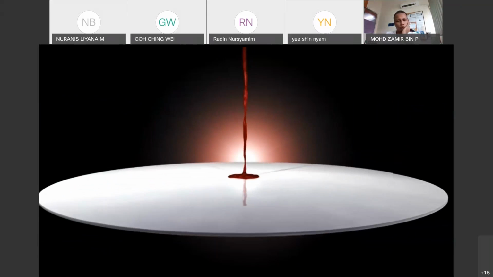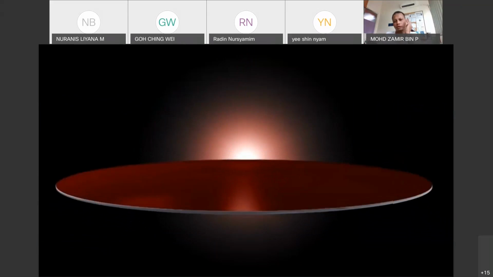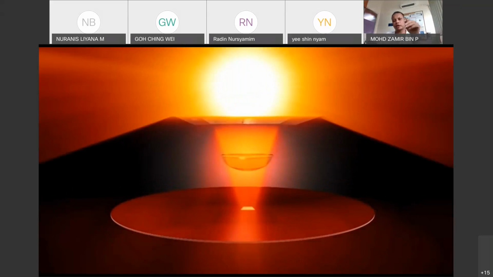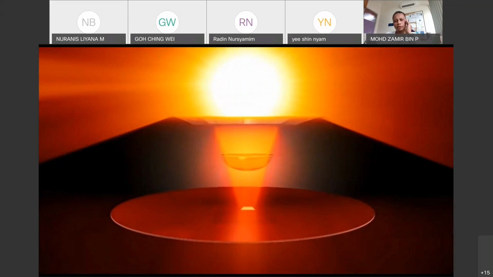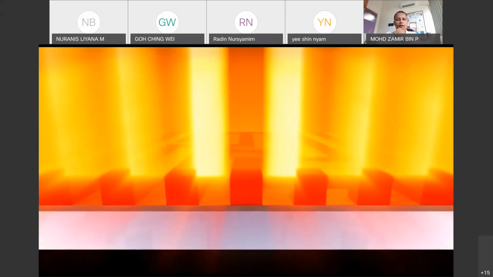So now it's going through each process briefly. So this is photoresist, which is spun across the wafer. So that's the reticle. The top one is the reticle, which is the mask that contains the circuits to be printed on the wafer.